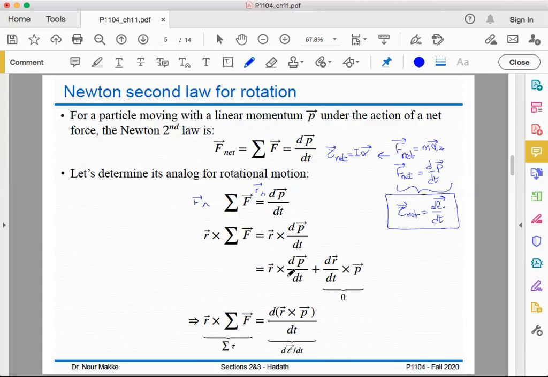Now هون في عنا r cross dp dt plus نحن هون إذا زدنا صفر ما بيتغير شيء. Okay, and this term is simply equal to zero. يعني بمعنى آخر عم نقول إنه هون أنا في عندي جزء, إذا بدي أجي أفكر بهيدي الريليشن ك derivative with respect to time of r cross p.